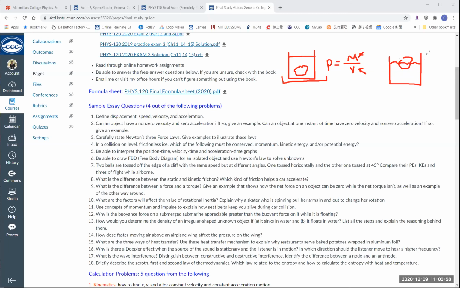You fill up all the water. Then you drop this one in. It's going to displace some of the water out. And you collect that water, then you will be able to determine the density of this one here.